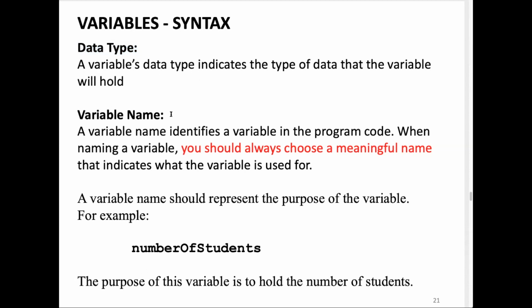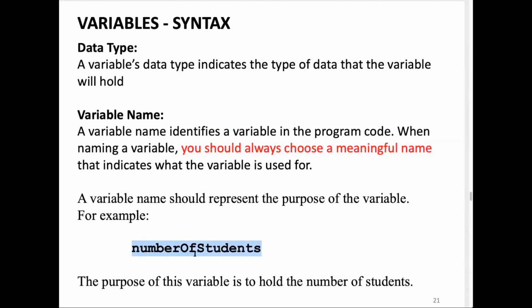The variable name. You should always choose meaningful names. I've seen in students' code that when they devise a solution for something, they like to call the variables X, Y, Z, A, B, and C. These are not very meaningful. In fact, in the industry, you never use X, Y, Z, A, B, C. There is typically a standard or best practice in which a variable should be named.